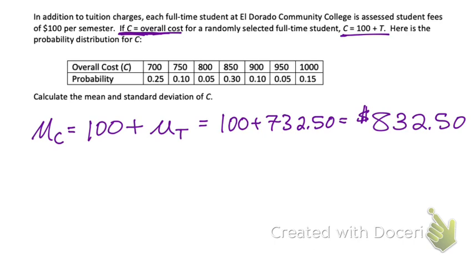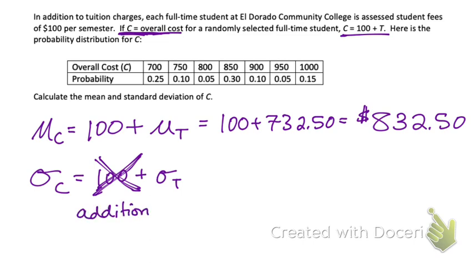How about the standard deviation? Watch this. 100 plus the standard deviation of T, and I am going to cross out that 100. Why?